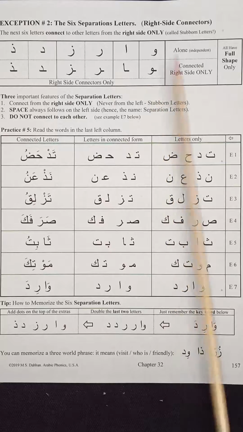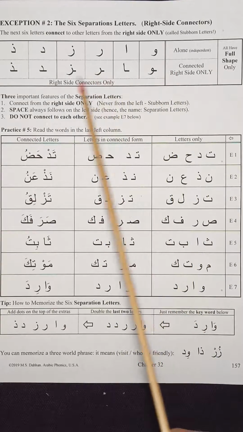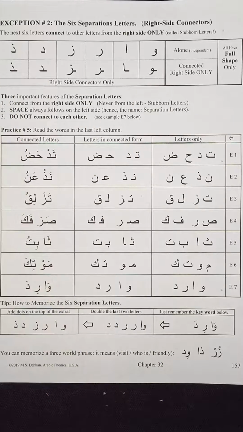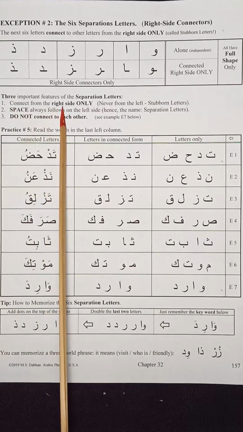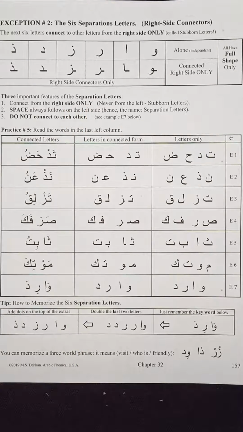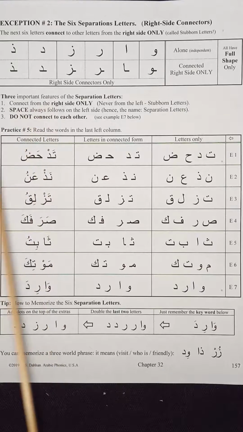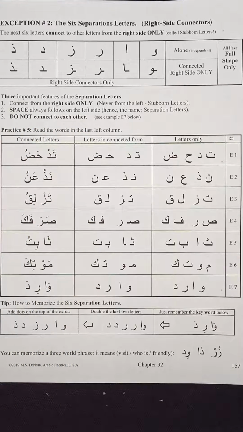They connect only from the right side, as you see here, and you will never see anything from the left side. They have three qualities, three features. Number one, they connect from the right side only. Space always comes after them, and they don't connect to each other. They must hate each other or something.